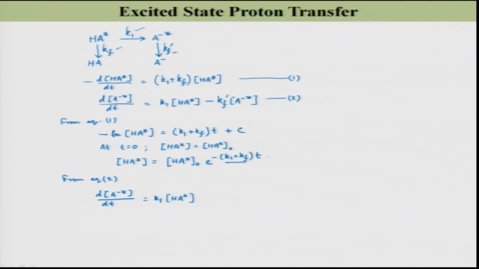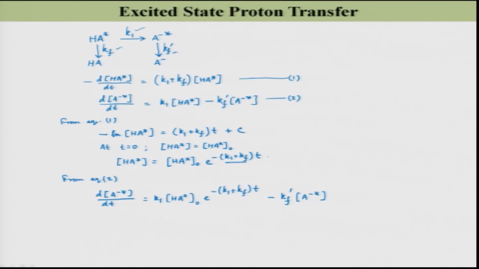So I write HA star 0 e to the power minus K1 plus Kf times t, minus Kf prime times A minus star. That is it.